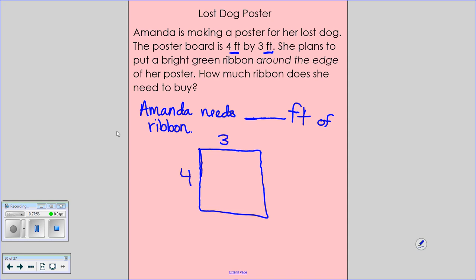Please get in the habit of labeling all your dimensions, not just 2 sides, but all sides. Hey, we already did this math. Awesome. Here's my poster. A 4x3 poster. Now we have to decide what math I am going to do to solve this.